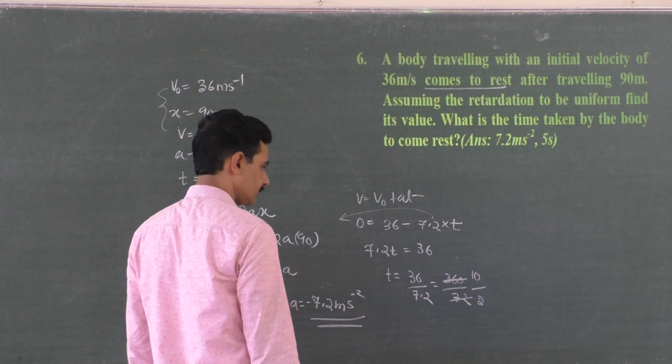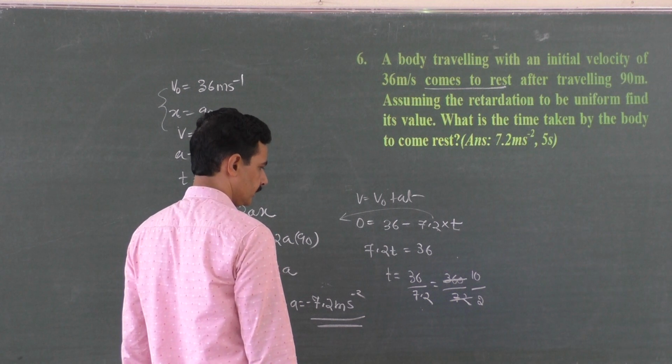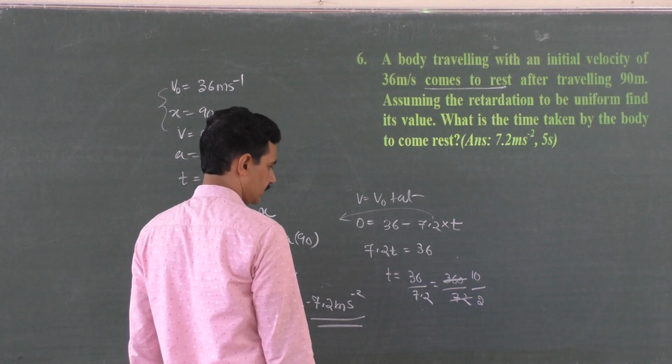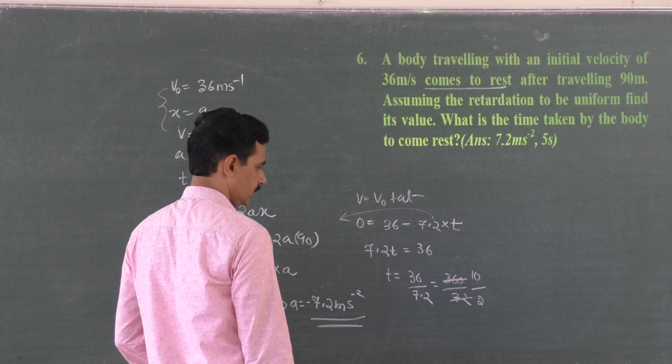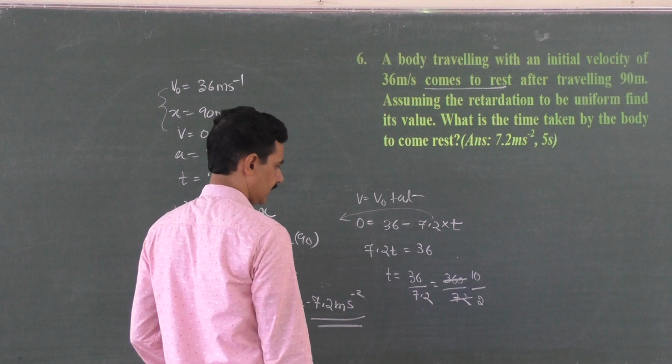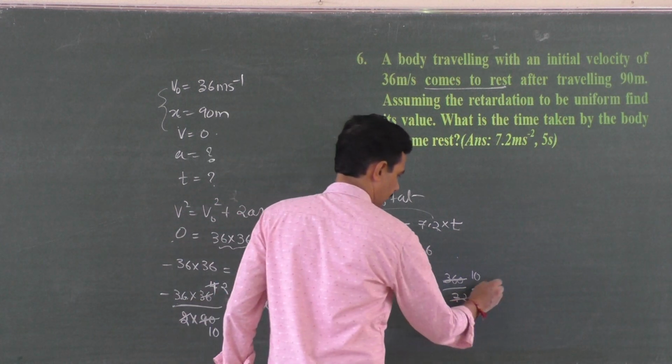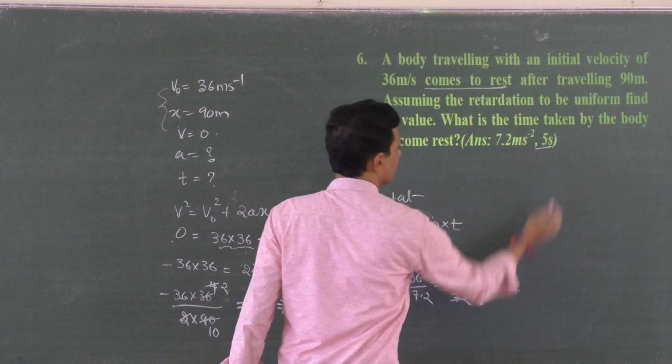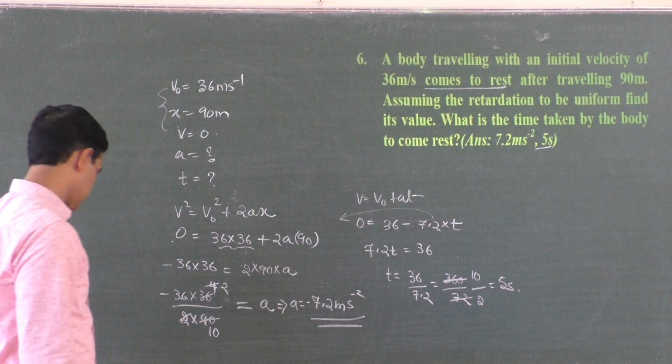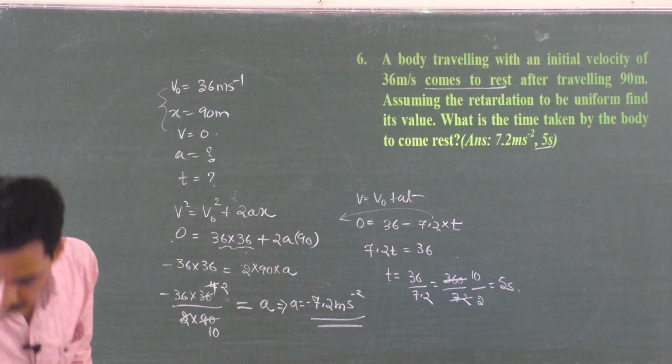Correct? Yeah, 360 divided by 72. Is it okay? Yes. This is 5 times. Yes. 5 times, 5 seconds. Correct answer. We will move on. There is nothing to analyze in this problem.